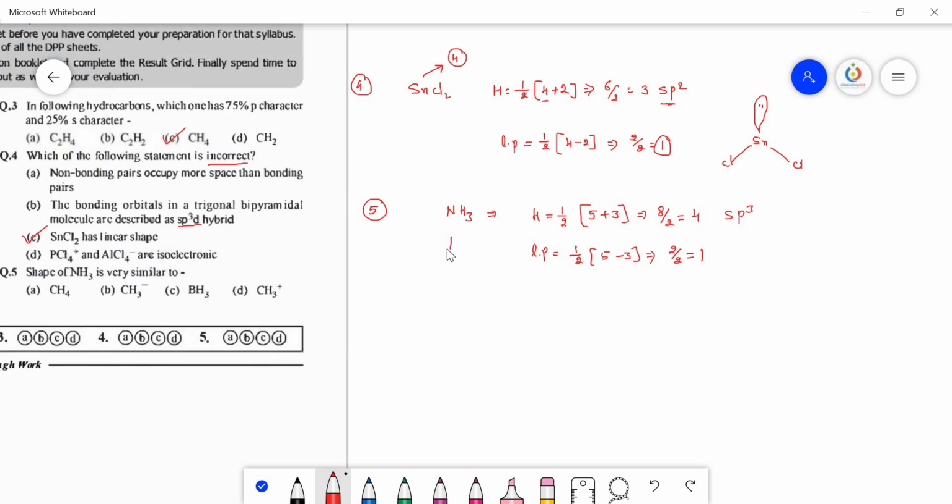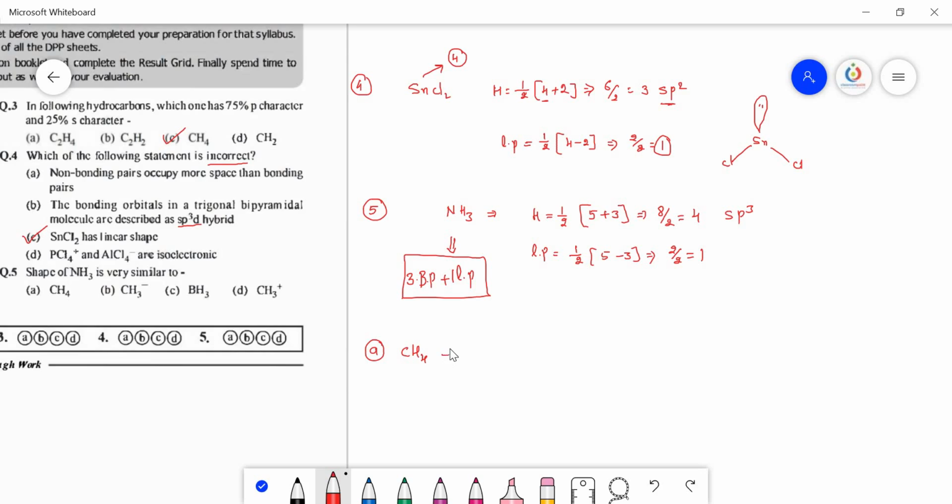So in this ammonia molecule, 3 hydrogen atoms are there, meaning 3 bond pairs plus 1 lone pair. So the molecules that have the same 3 bond pairs and 1 lone pair will have a similar structure to ammonia. Now we need to see all these options. A, CH4, we just calculated in the above question.